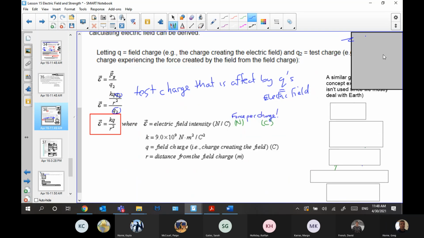So a lot of that's the same, of course. Electric field intensity is still force per charge, I even wrote it in there in advance. And the k value and the Q and so on are all the same. But this is the Q that's creating the field, right? The Q2 was the test charge that was affected by the electric field.